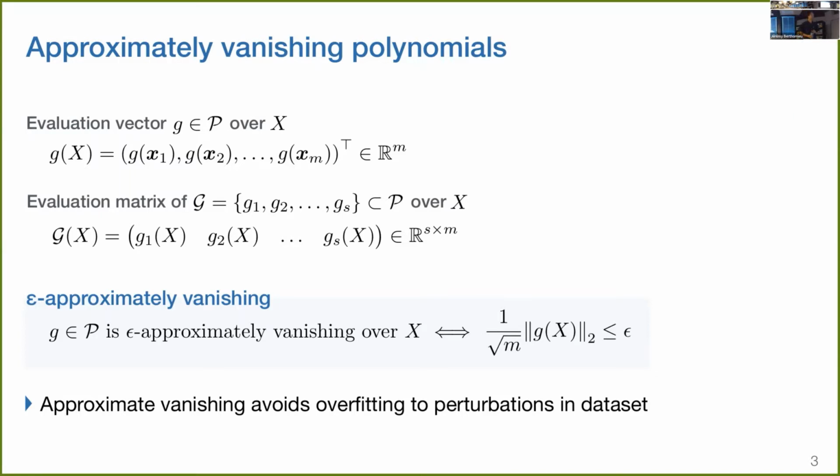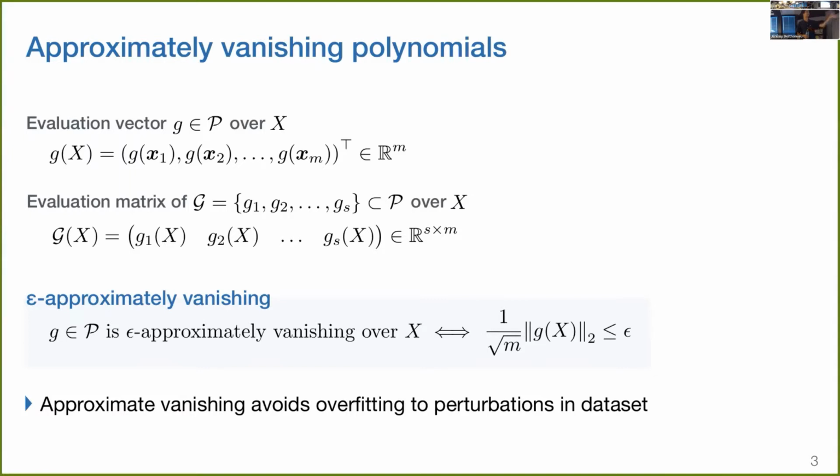Now we have the important notion of epsilon-approximately vanishing. A polynomial g is epsilon-approximately vanishing over X if and only if the following is satisfied. We calculate the evaluation vector, take the 2 norm of it, and divide it by the square root of m.